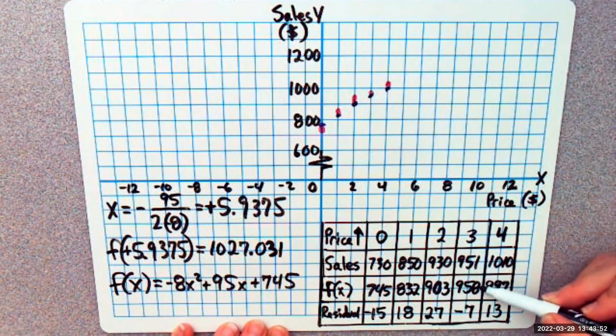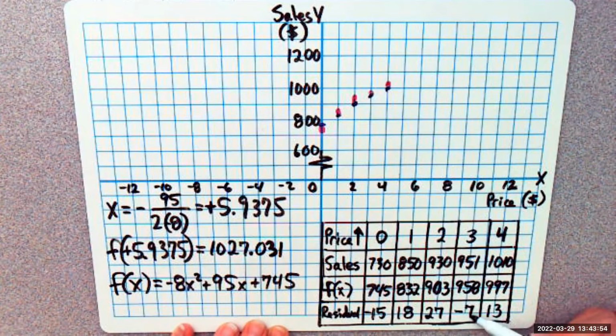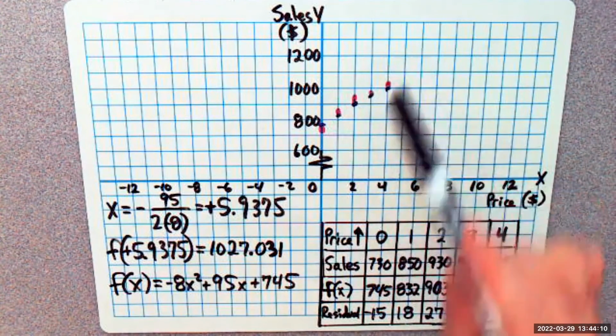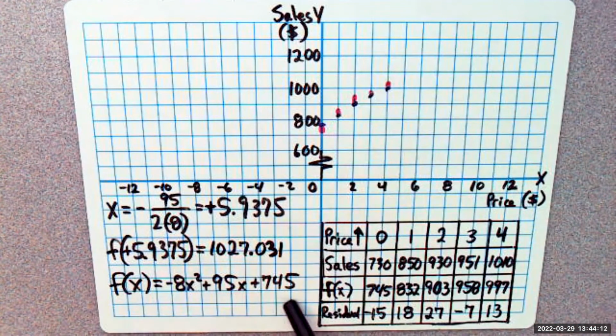Then we have 951 minus 958, which is negative 7, and 1010 minus 997 is positive 13. So let's graph these points and see if this is a good curve fit of the pink scatter plot with this actual equation here.